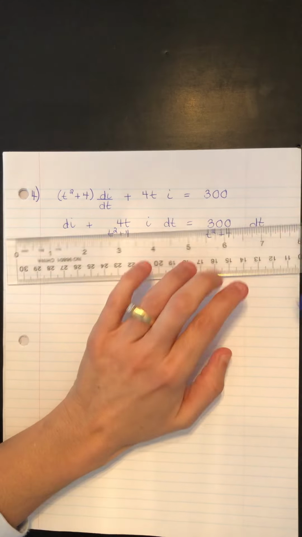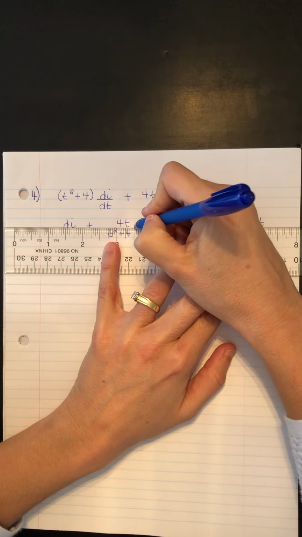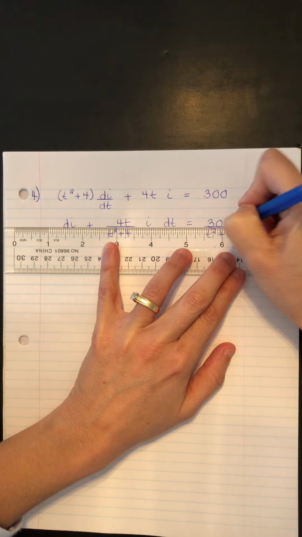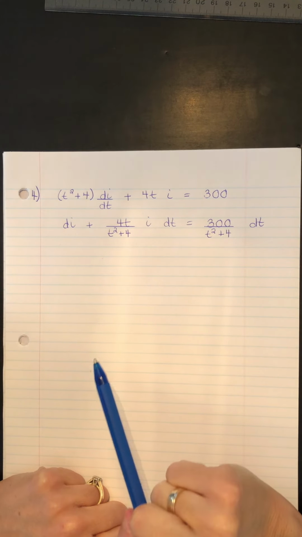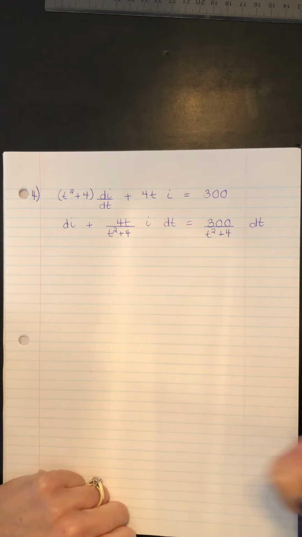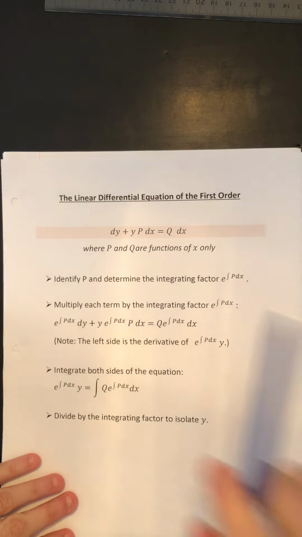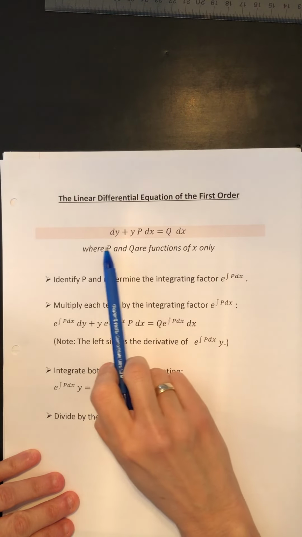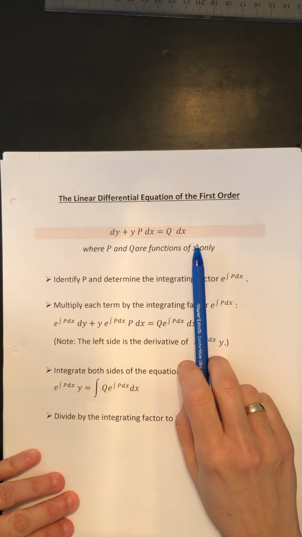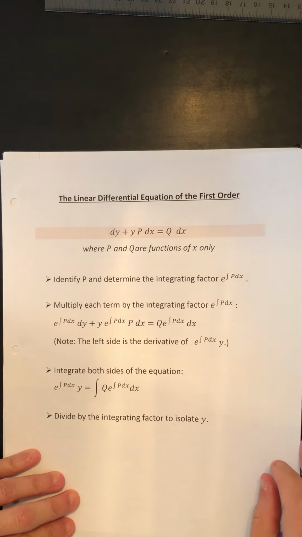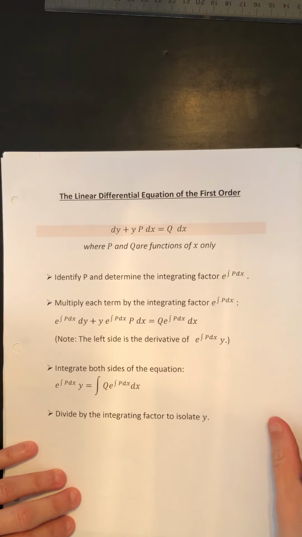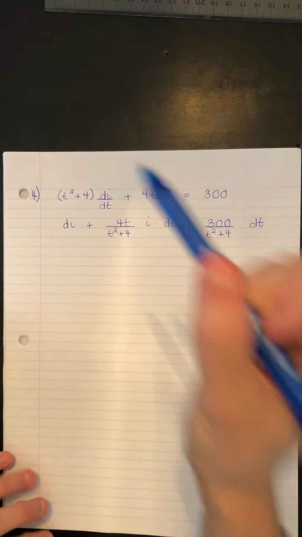Okay, so in this step, I did 2 things. I multiplied all of the terms by dt and divided all of the terms by t squared plus 4. And now it compares perfectly with this equation. Okay, so I can write the alternate form of this for you if I didn't yet, but the alternate form would look like this.